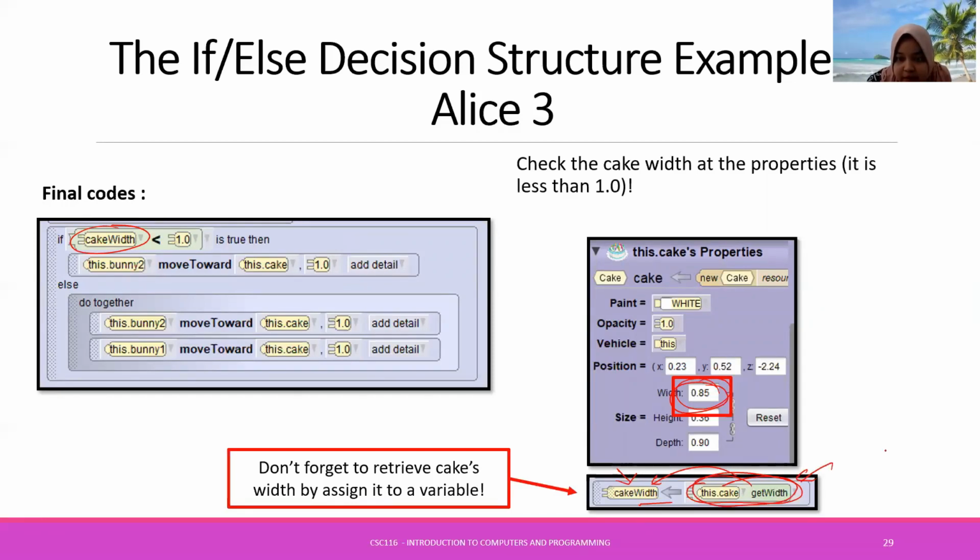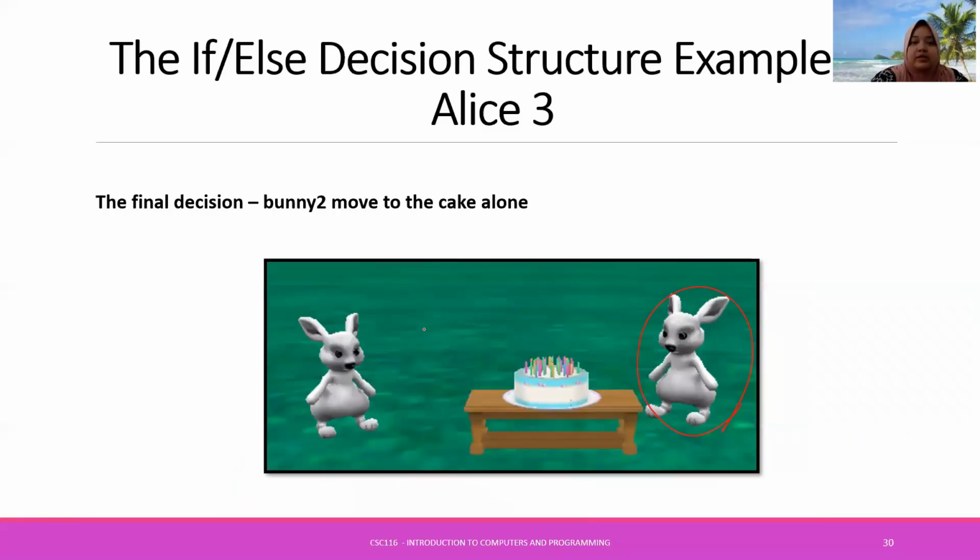So dalam nilai yang ini, dalam memori dia dah ada simpan 0.85. So dia akan dapatlah nilai tu 0.85. Adakah lebih kecil daripada 1.0? True. Bila true, dia akan execute this one. Yang ni buat apa? Dia akan eat no. Okay. So sebab itulah bunny tu datang ke depan sendirian.